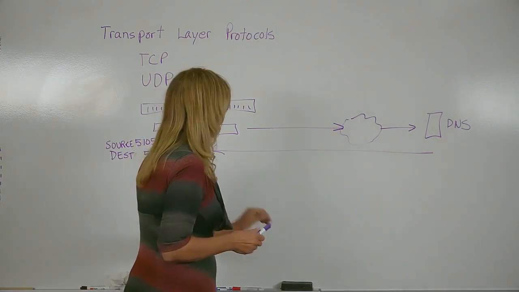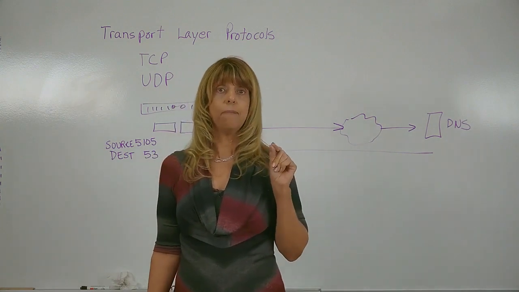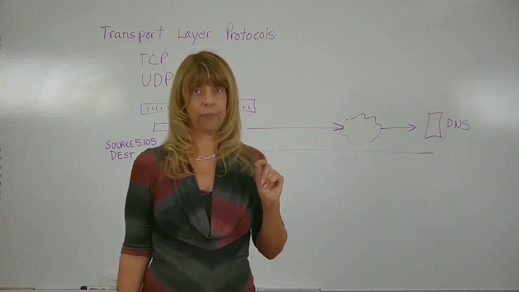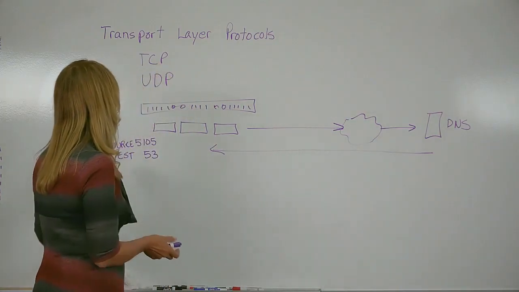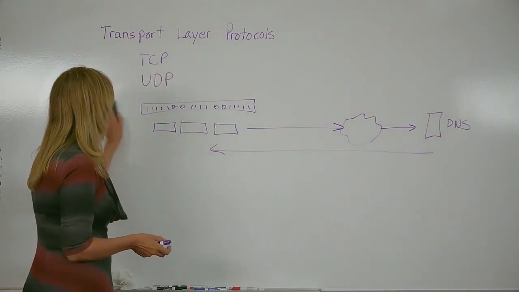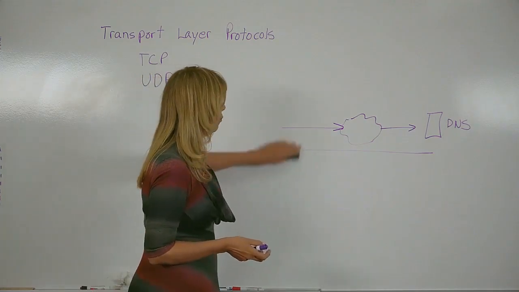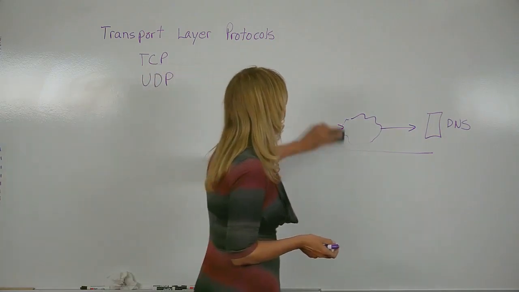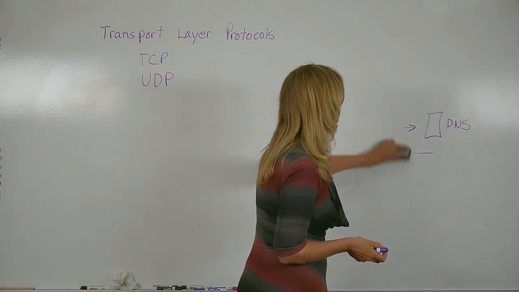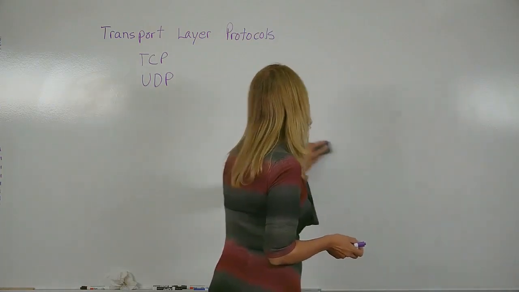But there are definitely applications where even losing one packet would be catastrophic. For example, in a bank transfer, if we were sending millions of dollars across the internet and we lost a few packets and those happened to be the ones that contained the account numbers, it would be quite upsetting to the people who lost their information.